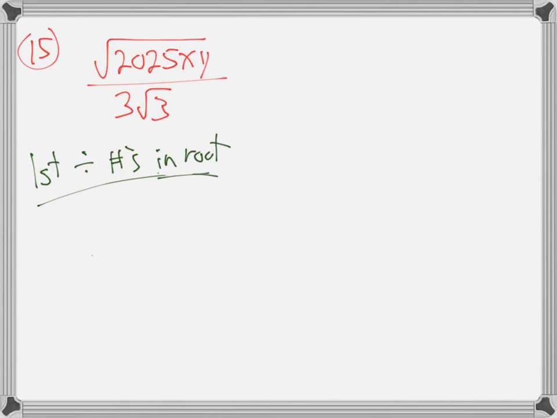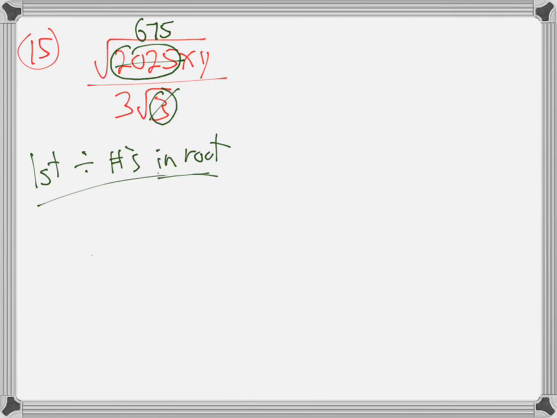Why I wanted to show you this one in particular is because you could get messed up. This 3 will divide into this 2025. Is that what it is? 675? Thank you. 675. The 3 that's outside the root, he cannot interact. He only divides things outside the root. Does that make sense? Outsiders with outsiders, insiders with insiders.